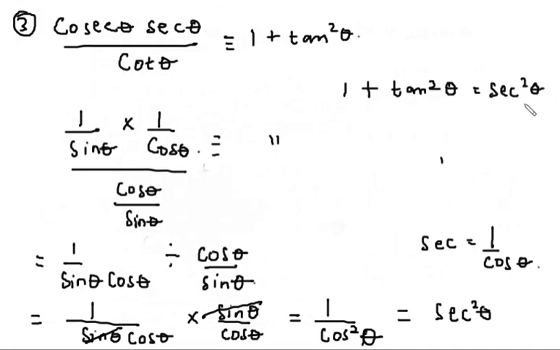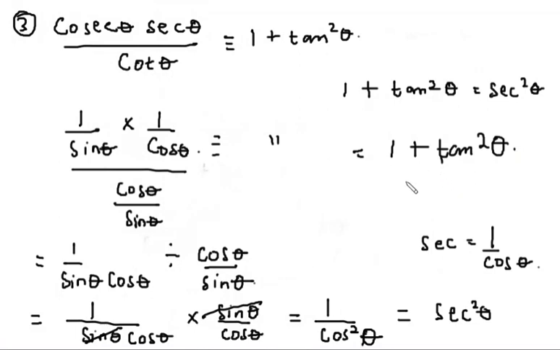So sec square theta can be replaced with 1 plus tan square theta, so this part becomes equal to 1 plus tan square theta.